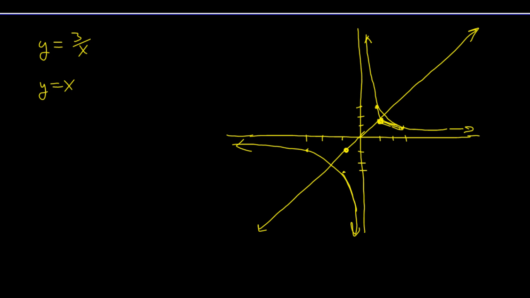I want you to reflect the function y equals 3 over x over that line. So if I reflect this point across the line, notice what it comes to. My (1, 3) becomes (3, 1). My (negative 1, negative 3) becomes (negative 3, negative 1). And that would be true of all of these other points also.